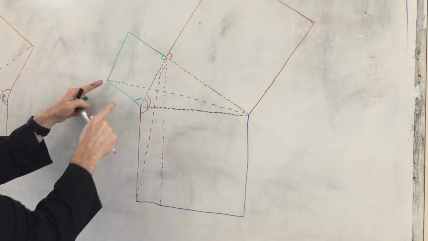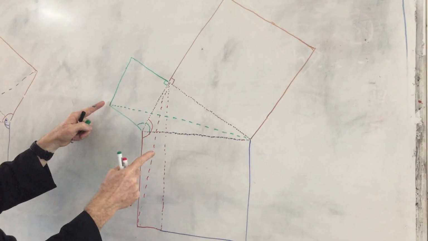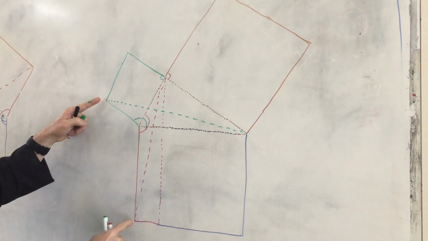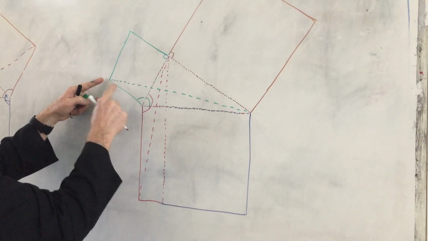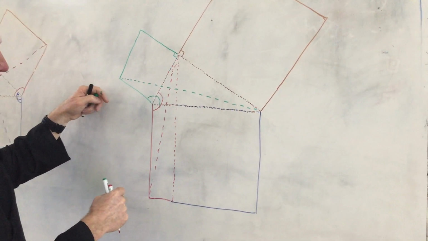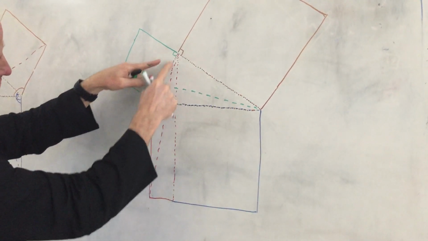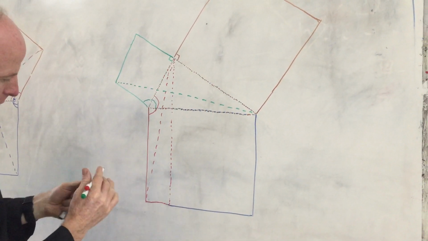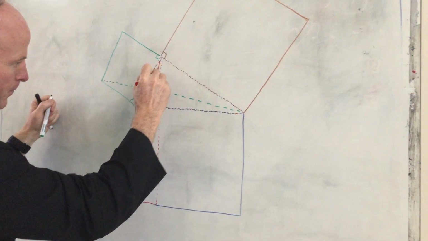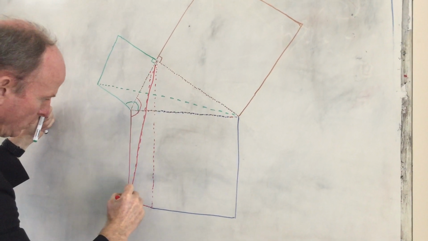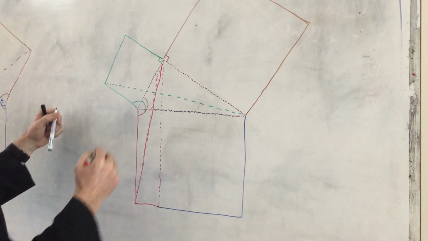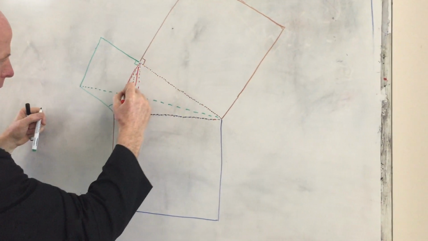Okay? Now, we're going to do the same thing. Look at this side is equal to this side because it's a square. And this side is equal to this side because it's a square. Well, look at this. This triangle, let me put this now in red just so you can see it better. Solid red. And I'll put this in solid green, make you see it better.